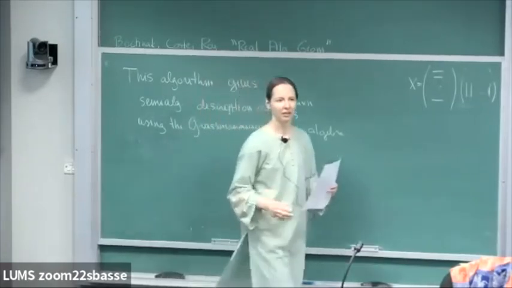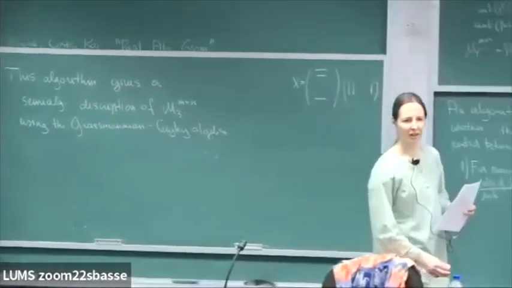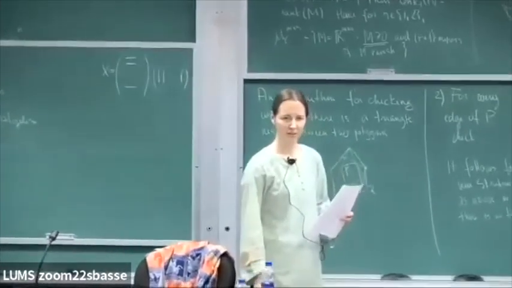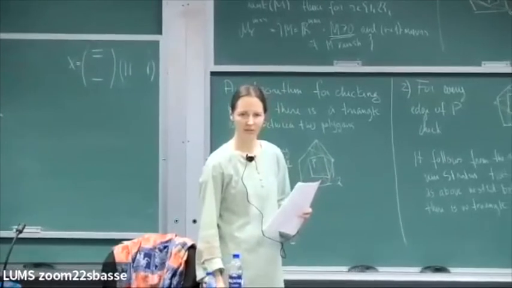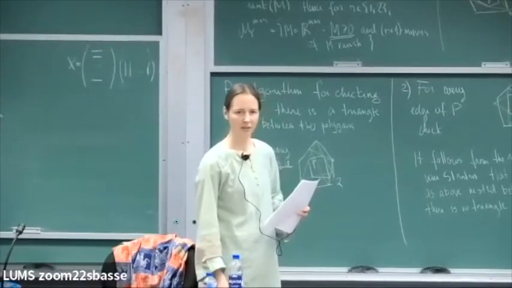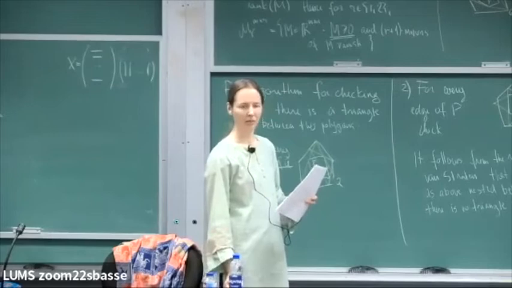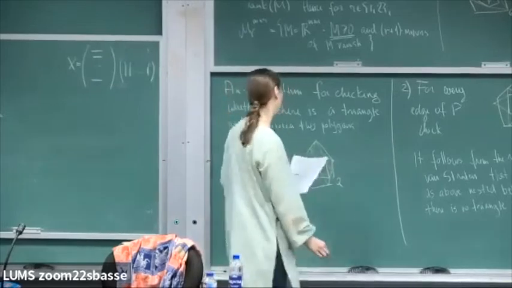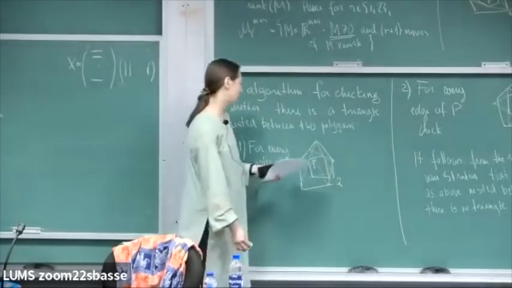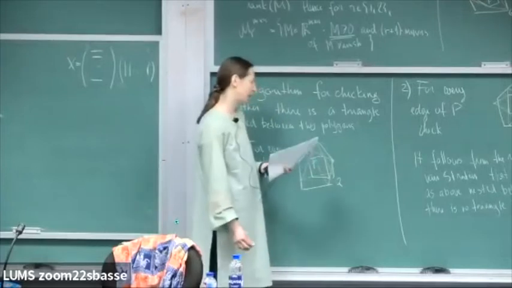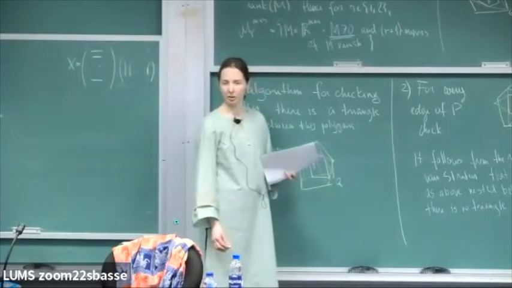One can think of the case of M4, it's going to be 4 vectors. Basically, I think it would be enough to come up with an algorithm checking whether there is a tetrahedron in between 2 3-dimensional polytopes.